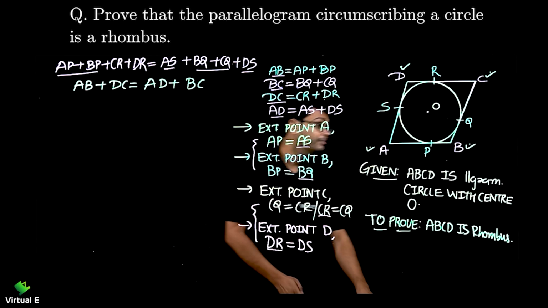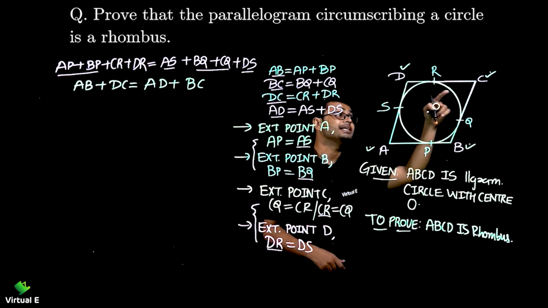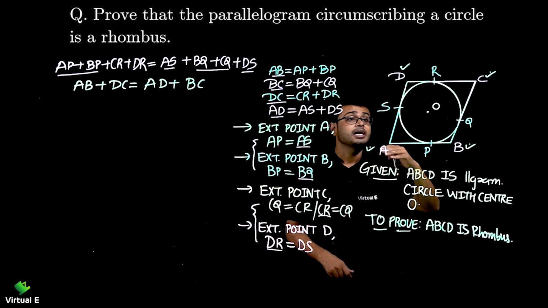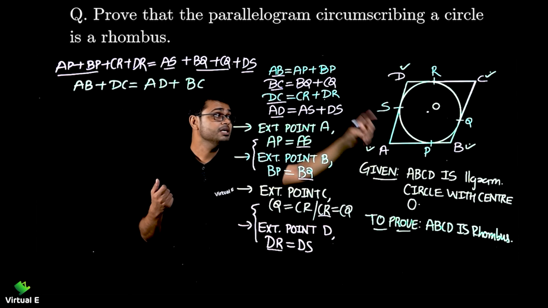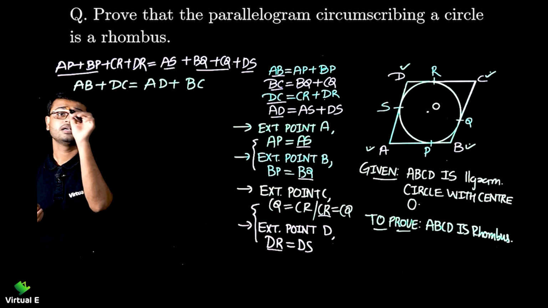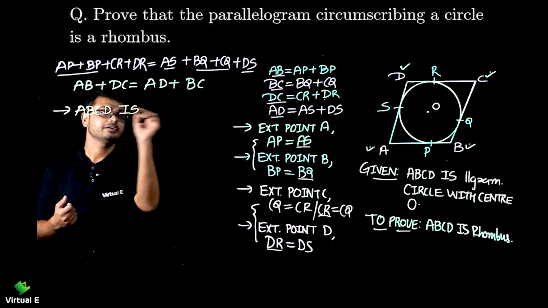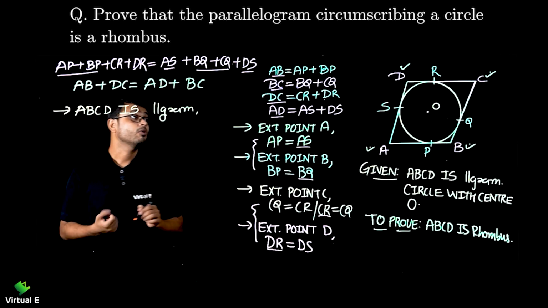So if I take ABCD as the parallelogram, the opposite sides are AB and DC. Okay, one more pair is there, BC and AD or DA. So I can write that AB is equal to DC, right? Let's write: ABCD is a parallelogram. Done. Now what is the property?